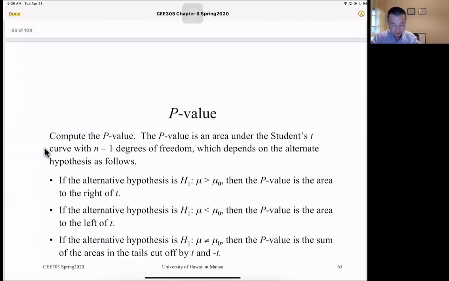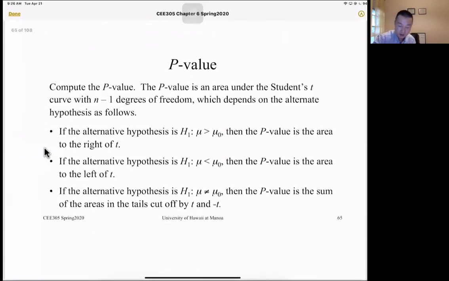And then again, depending on how H1 is set up: larger than mu 0, the p-value is the area to the right of T, not Z. Less than mu 0, the p-value is the area to the left of T. Not equal, then it will be two tails cut off by T and minus T. You can see it's exactly the same setup as we had to calculate the p-value.